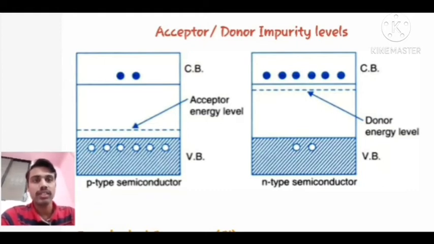On the other hand, the n-type semiconductor has holes as minority charge carriers and electrons as majority charge carriers, which are seen in the conduction band. So these are the acceptor and donor impurity levels, named after the donor atoms and acceptor atoms respectively.